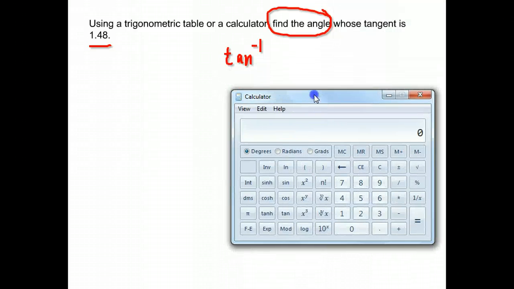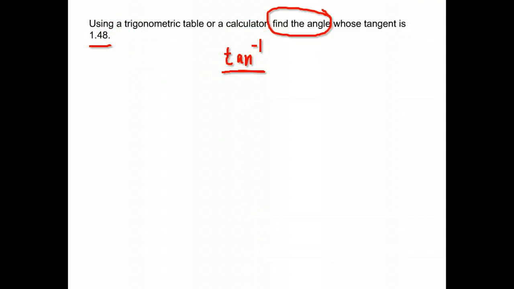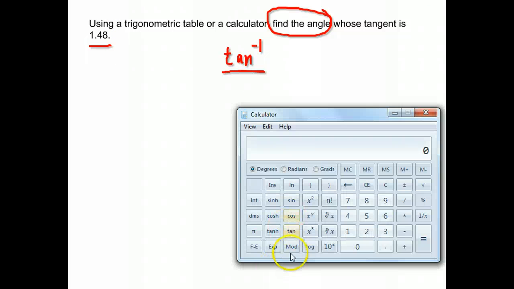One thing you want to make sure if you're using the calculator on the computer is that it's in degrees. Make sure you have these buttons over here, the sine, cosine, and tangent. If I want to know which angle has the tangent of 1.48, I need to use the inverse of tangent. On most calculators you'll have a shift or an inverse button.